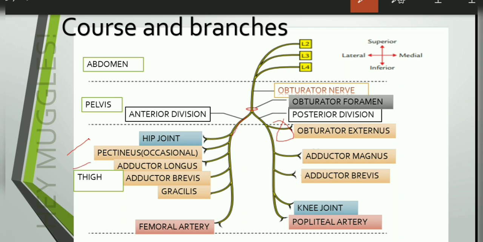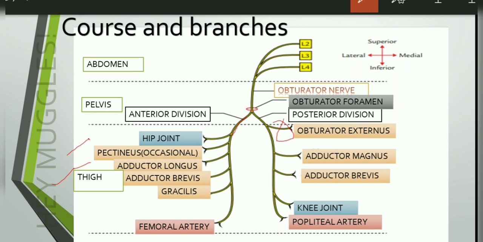And then in front of your adductor brevis muscle.